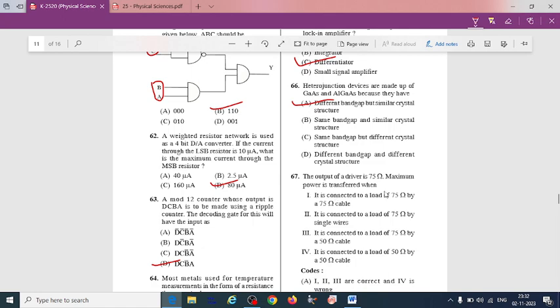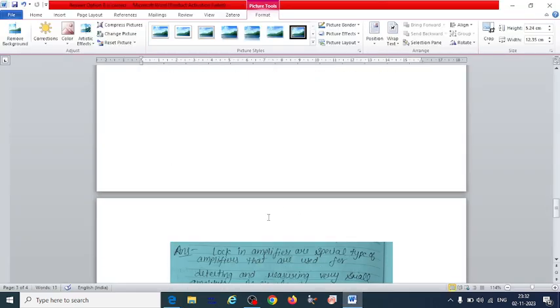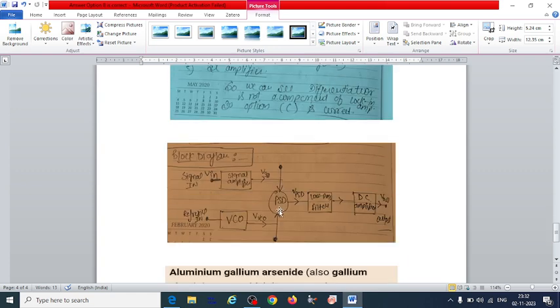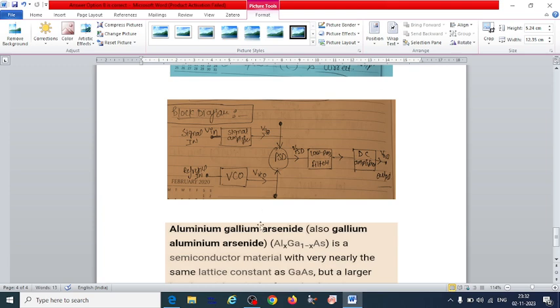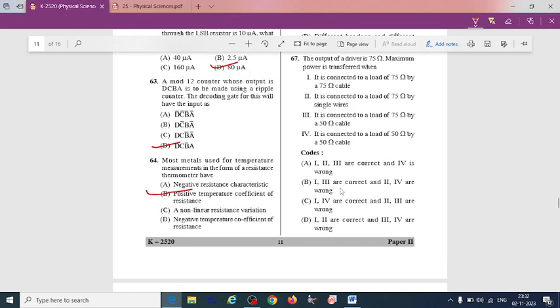Maximum power is transferred when... so here for this we have option D. First, second are correct, third and fourth are wrong.